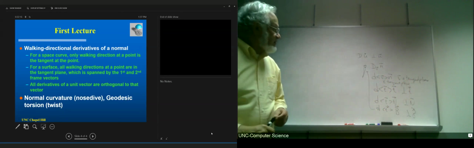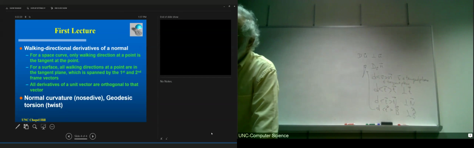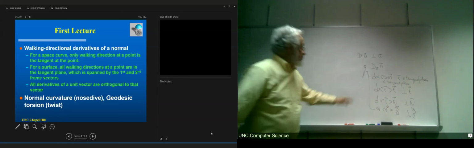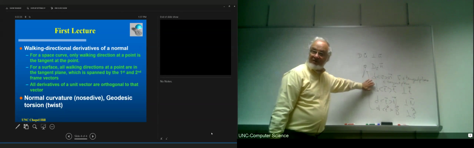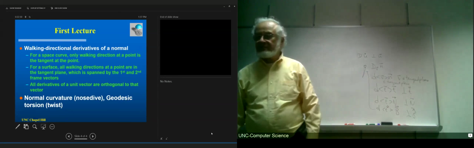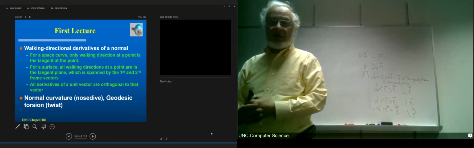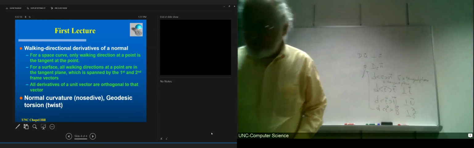So walking direction is going to be in the tangent plane, and the local swing rate of the normal, which is what this measures, is also a vector in the tangent plane. Okay? Now, what does that mean?